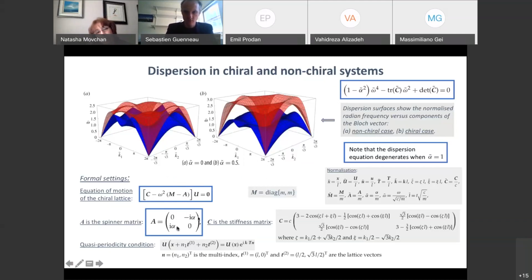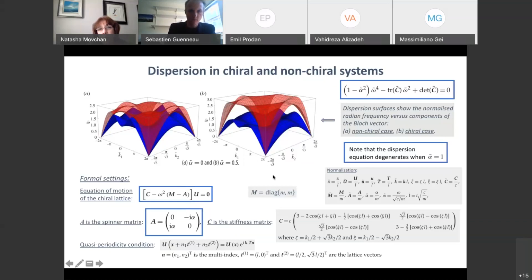By the look of it, it has non-zero off-diagonal terms, and what these off-diagonal terms do, they couple the displacements in the x1 and x2 direction, and this is the role of the spinor matrix. The mass matrix is still diagonal as before, and the stiffness matrix is still the same as before. And we again use the same type of quasi-periodicity condition as we used for the normal triangular lattice. But the only difference due to having gyros is this additional inertial term described by the spinor matrix A.